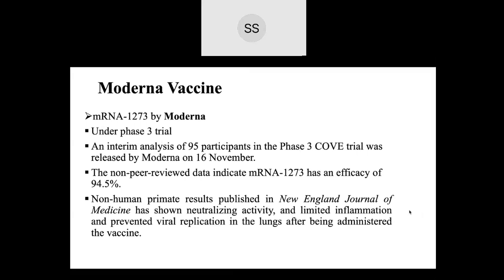Currently, the data published from this vaccine has shown non-human primate results, which were published in the New England Journal of Medicine. It has shown that it neutralizes the activity of the virus and also limits the inflammation, thereby preventing the viral replication in the lungs after it has been administered. So as of now, we have some good results regarding these vaccines.